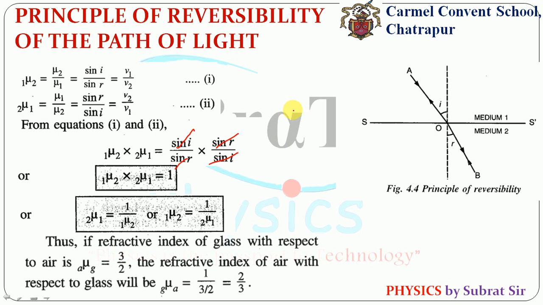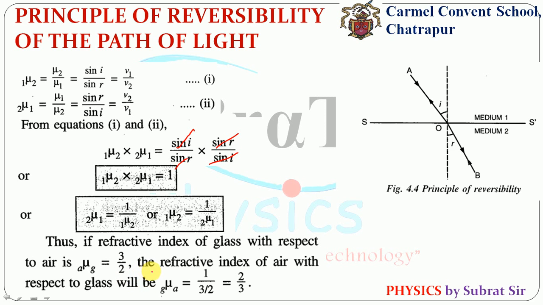So the refractive index of glass with respect to air can be given by A mu G is equal to 3 by 2, because we know that 3 into 10 to the power 8 meter per second is the speed of light in air, and 2 into 10 to the power 8 meter per second is the speed of light in glass.